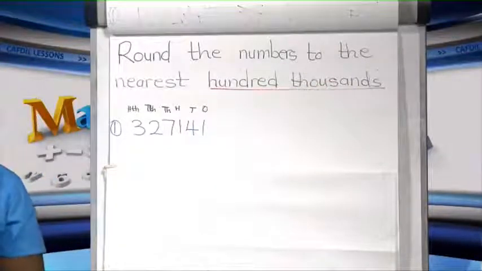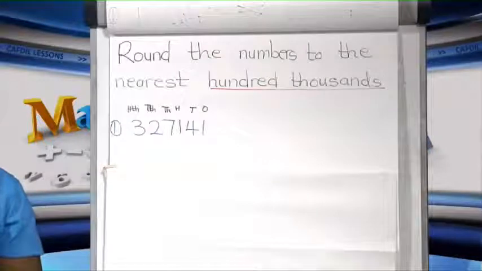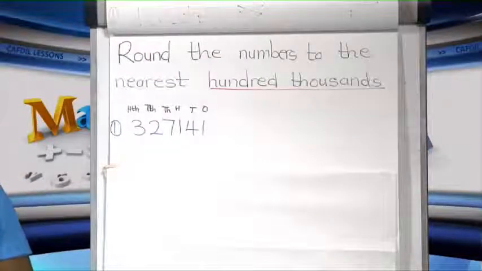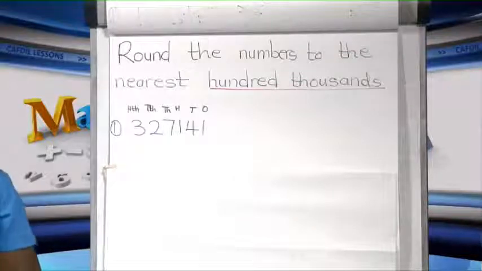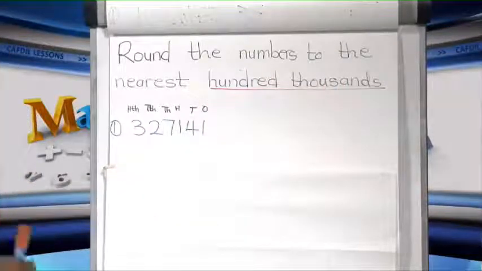As I taught you, to find a number, write next door. 5 or more, add one more. 4 or less, you let me rest. So we are looking at 100,000s. We have to go right to the next door.